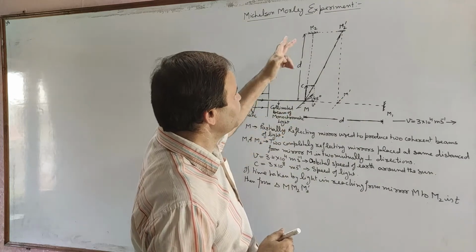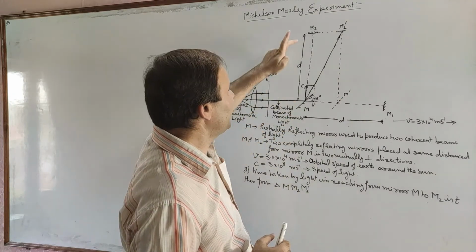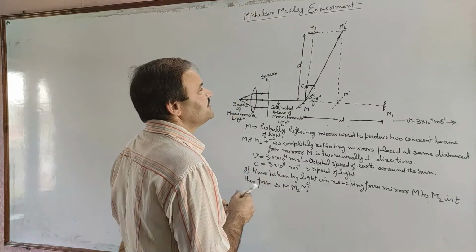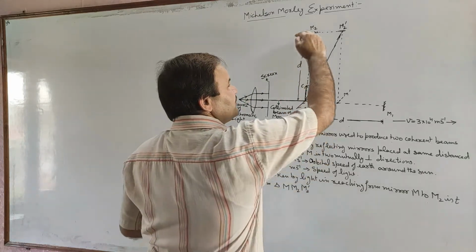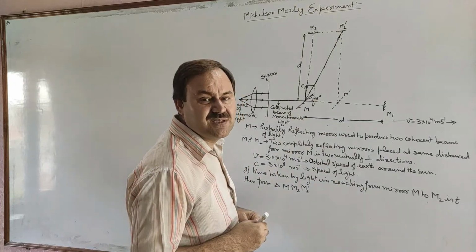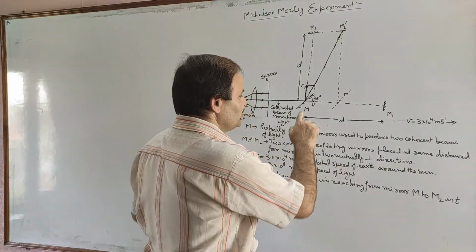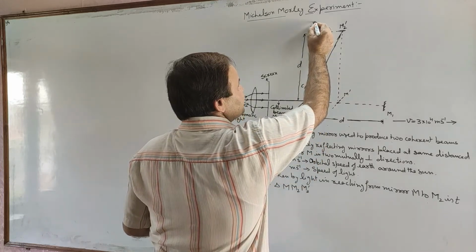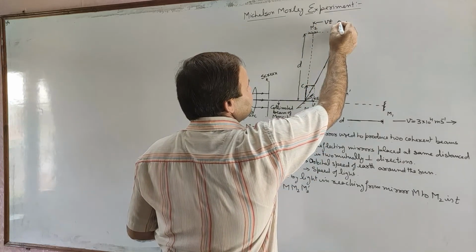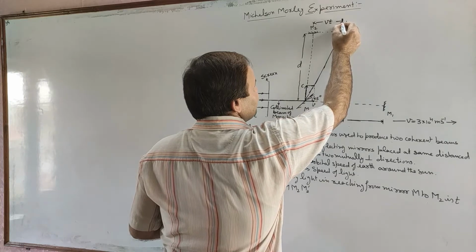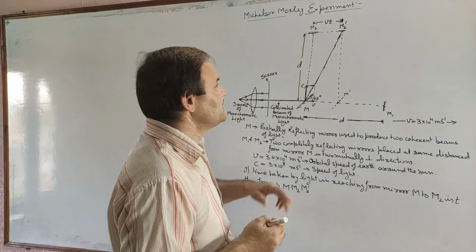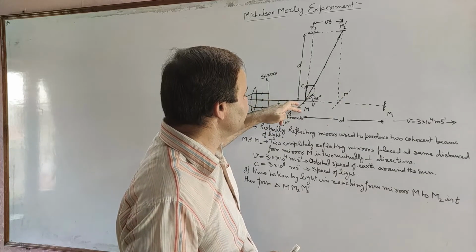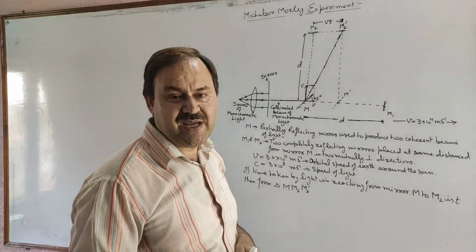If the time taken by light in reaching from M to mirror M2 is t, then in this time the horizontal distance covered by mirror M2 or mirror M will be vt. It means this horizontal distance will be vt, v being the orbital speed of Earth, and t the time taken by light in reaching from M to M2.